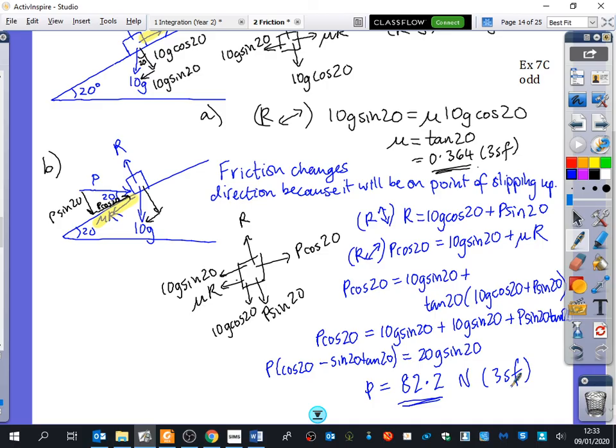So it can be pretty big. It can be pretty big, and that's because it's taking into account the fact that it's switching directions that we have there.